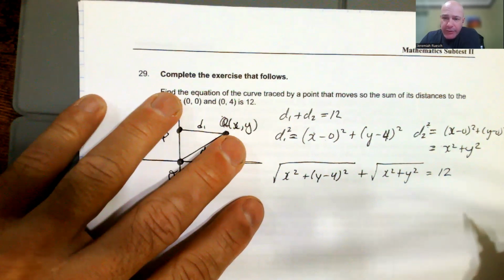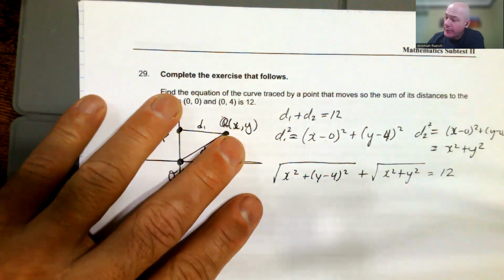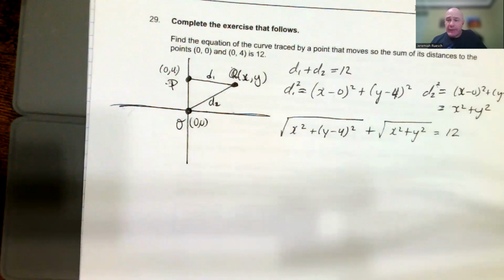Okay. So at this point we have two square roots, so in order to simplify this we're going to have to do a couple of squares.